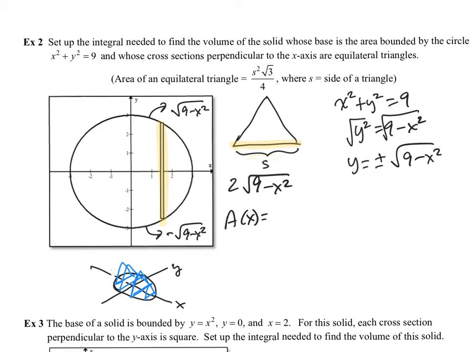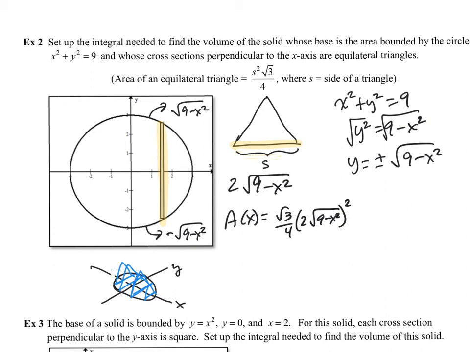Well, using this formula again, we're going to take our side, this is the measure of a side, square it, multiply it by the square root of 3, all divided by 4. So that would be the square root of 3 over 4 times 2 times the square root of 9 minus x squared, and then square all that.